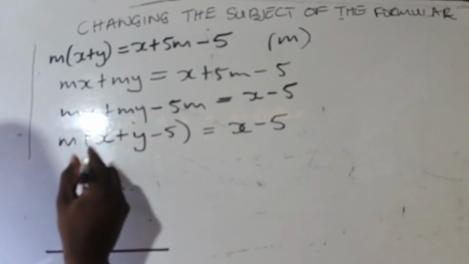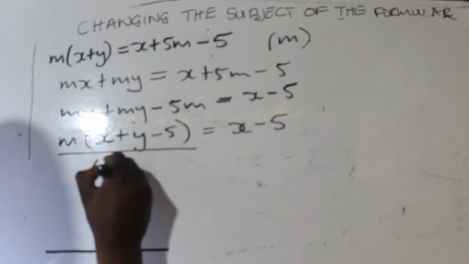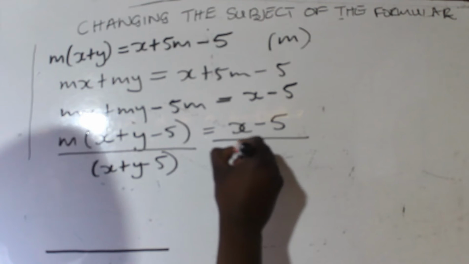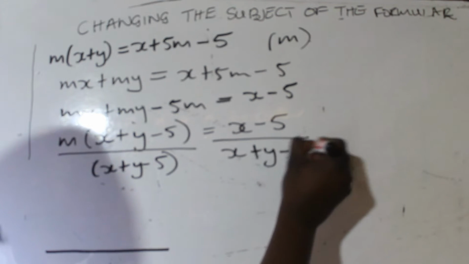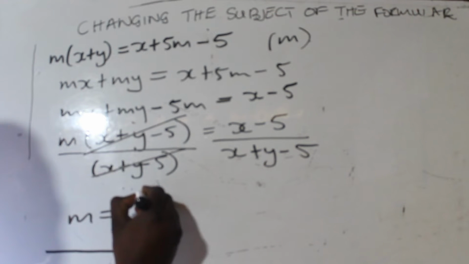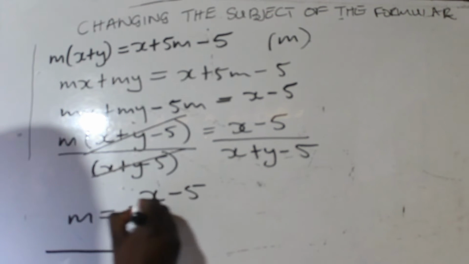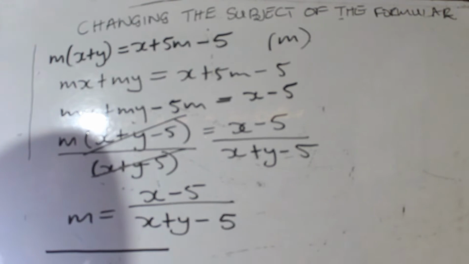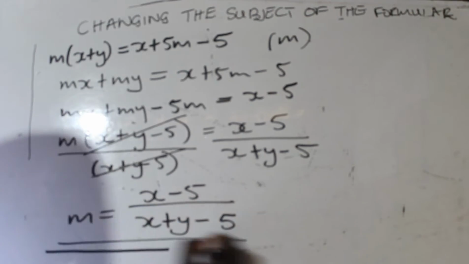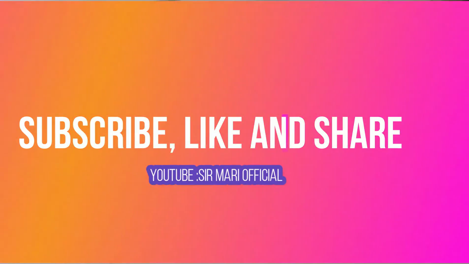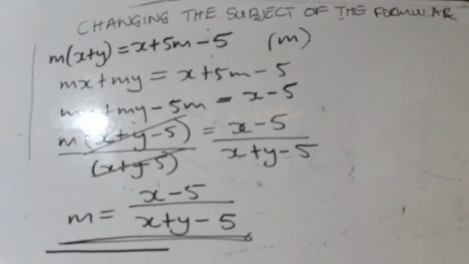To make m the subject of the formula, we divide both sides by x plus y minus 5. This and this will cancel, so our m is equals to x minus 5 over x plus y minus 5. That's how we make m the subject of the formula.